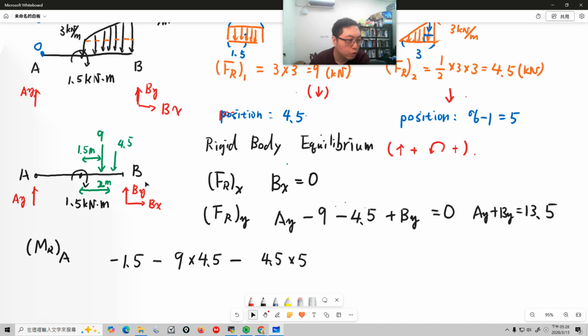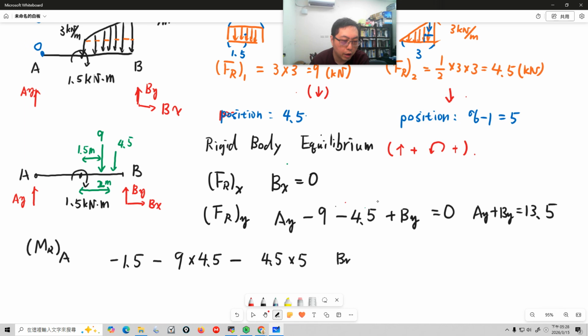As for the reaction force at B, because Bx equals 0, we can just ignore it. And By points up, with reference point A, so it will create a counterclockwise rotation, so it will be positive.